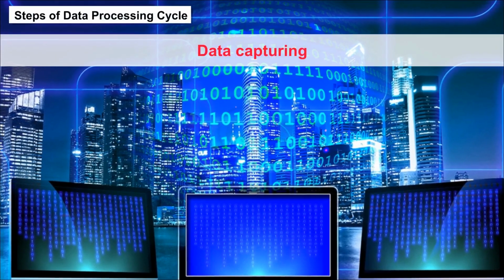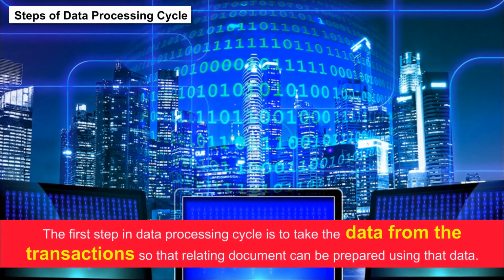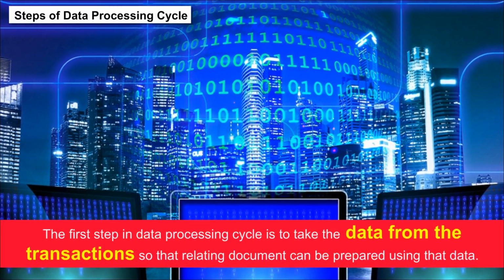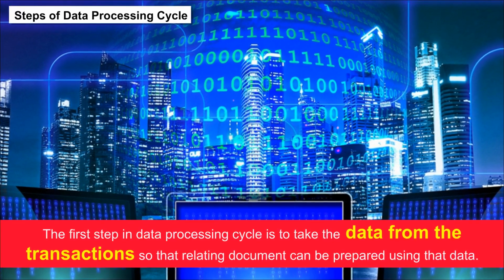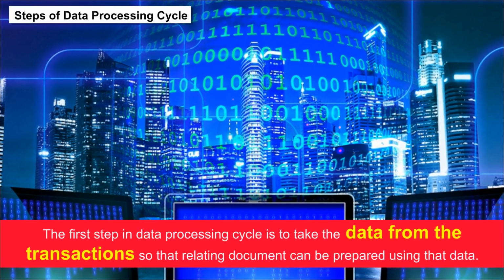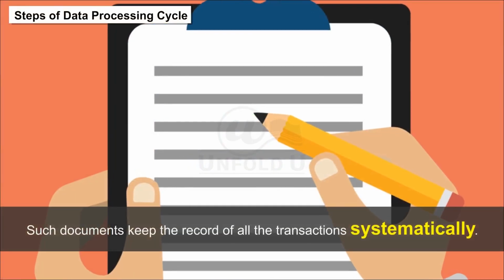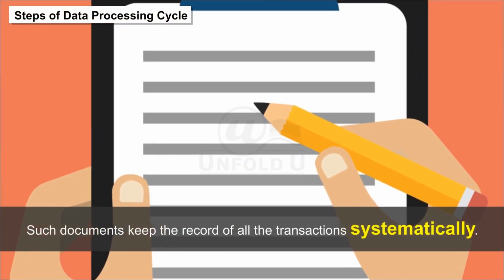Data capturing. The first step in data processing cycle is to take the data from the transactions so that relating document can be prepared using that data. Like we prepare voucher from the transactions. Such documents keep the record of all the transactions systematically.